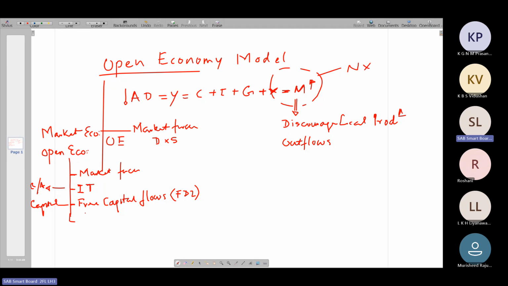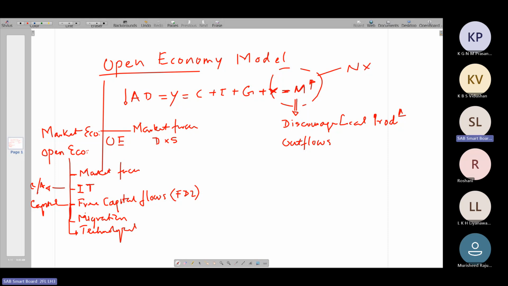Apart from that, we can mention other things: migrations, and in a free market, technological adoptions, mass communications and technology.